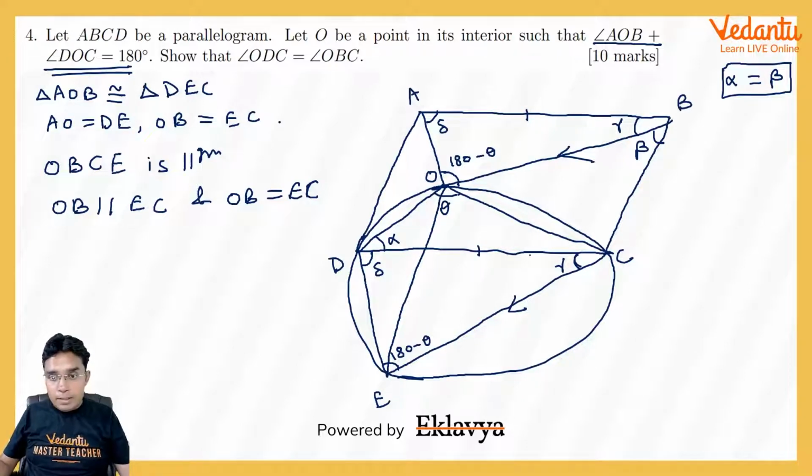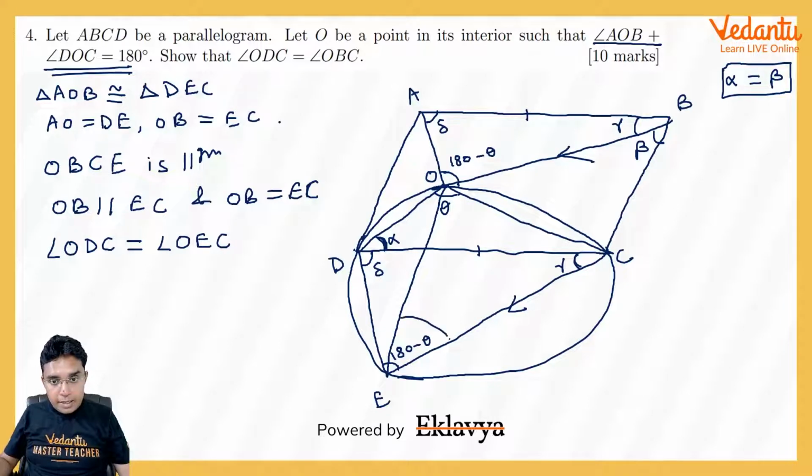Now please see, this angle alpha is actually drawn by this arc OC on this D. So can we say this angle OBC will be equal to angle OEC, because D and E are lying on the same side of this arc on the same circle. So ODC is equal to OEC.